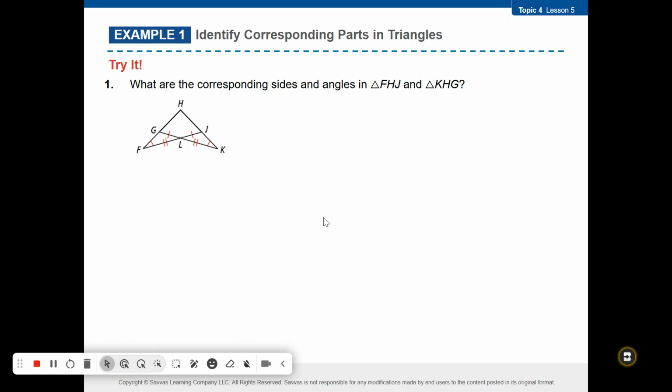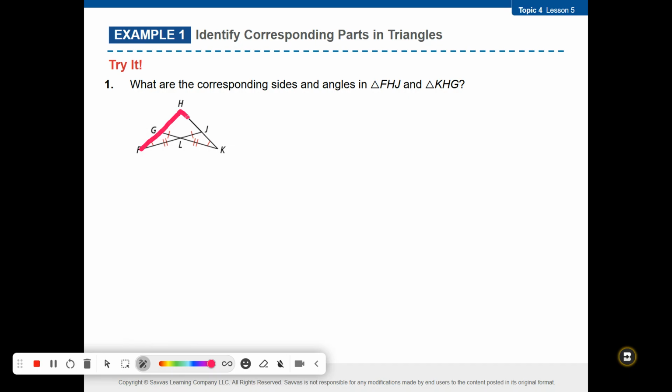Okay, so in this case, if we look at try it 1, it's saying, what are the corresponding sides and angles of triangle FHJ and KHG? You have options here, okay? Your best bet, this is considered an overlapping triangles problem, okay? Your best bet is to draw these out.